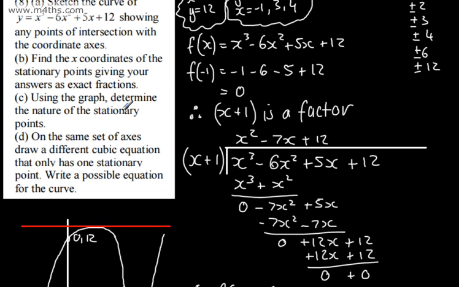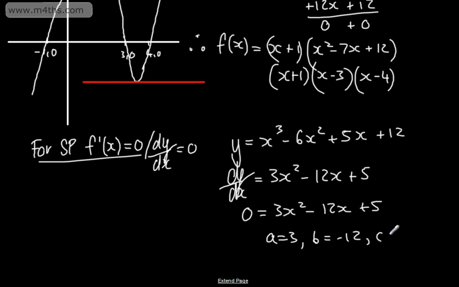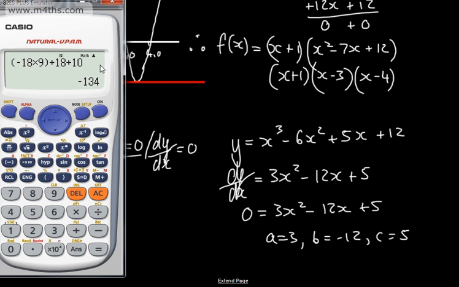Here we're giving our values for the x-coordinate as exact fractions. That means I'm just going to simply use the quadratic equation again. So 0 is equal to 3x squared minus 12x plus 5. The value of a is 3, the value of b is negative 12, and the value of c is positive 5. So let's put this into the calculator.